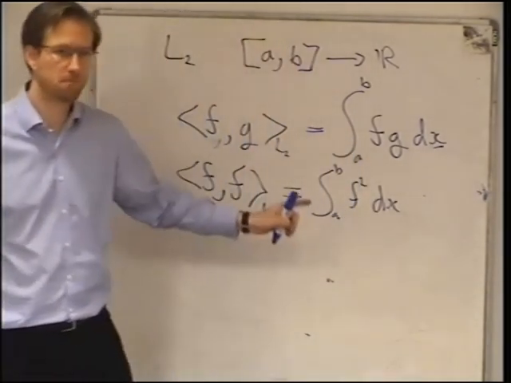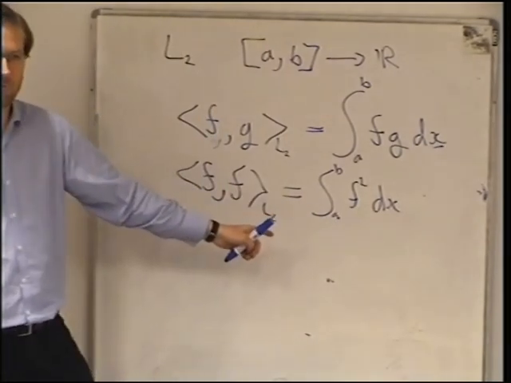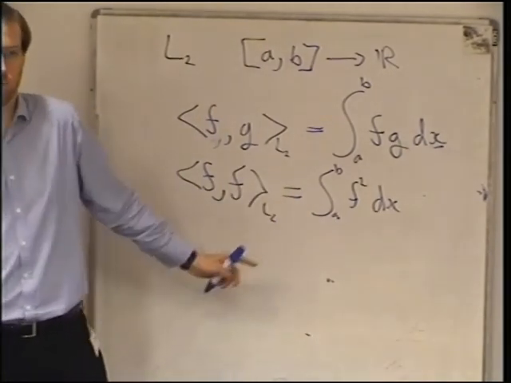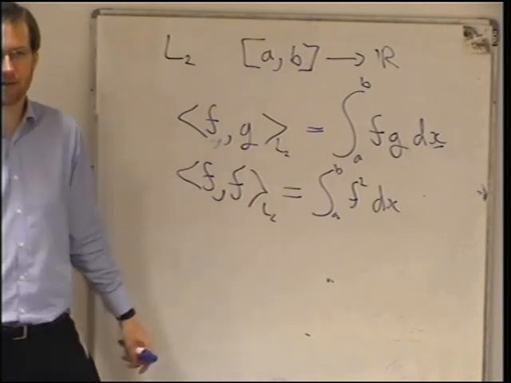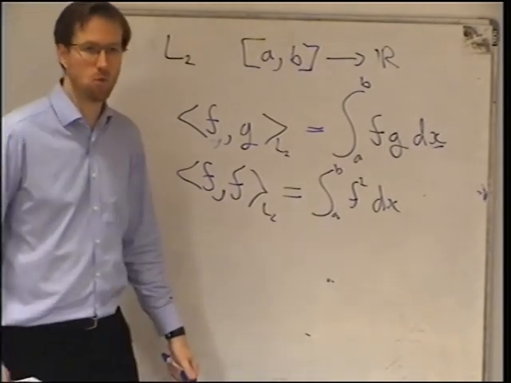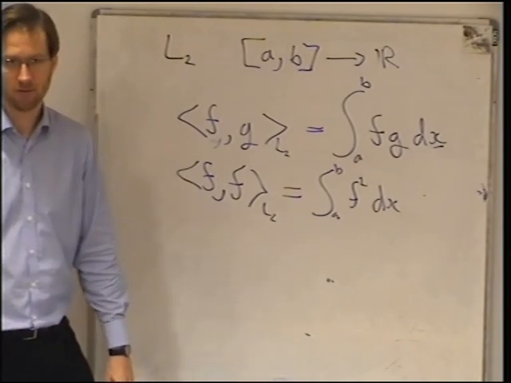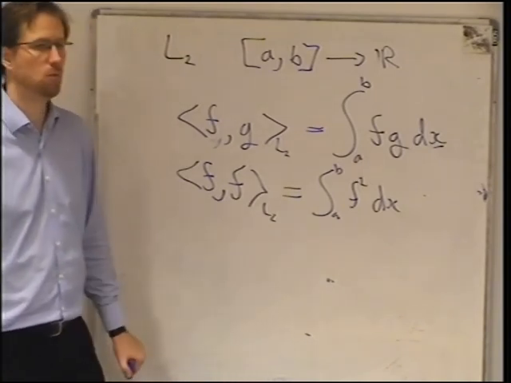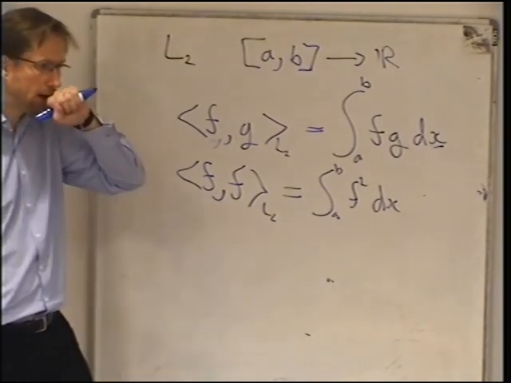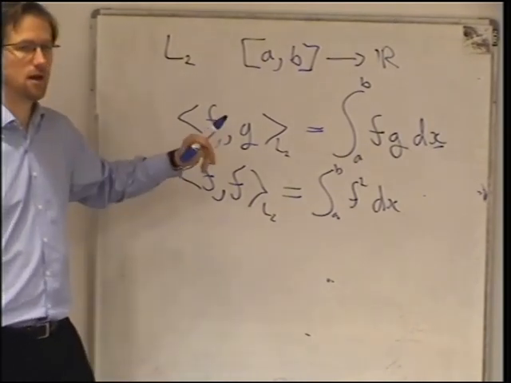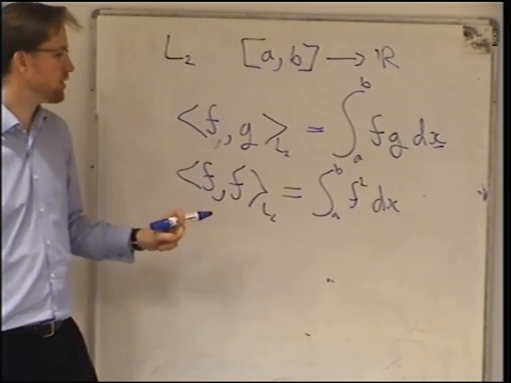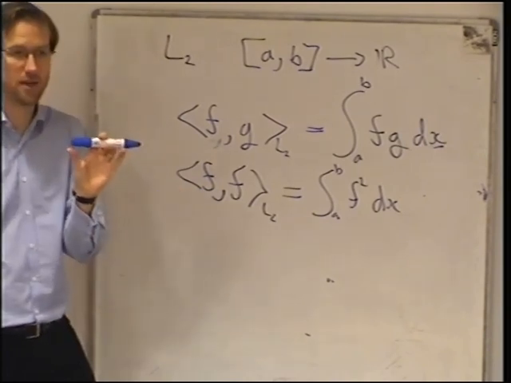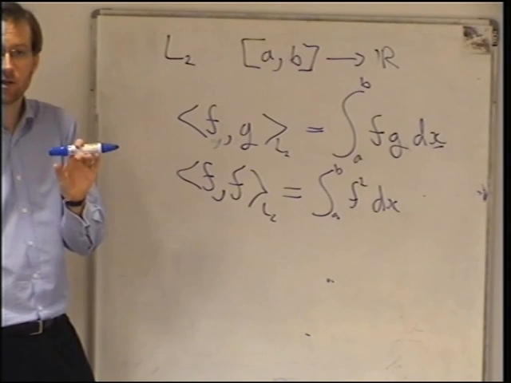So f squared is non-negative at all points, right? That's what it means to square it. And if I take the integral of a function which is nowhere negative, that has to be non-negative. And the integral of a function which is non-zero on any interval is non-zero.